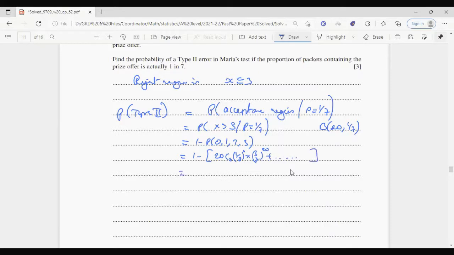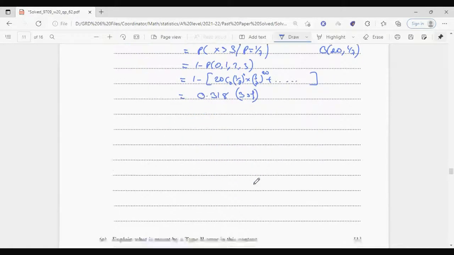That will give you an answer of 0.318 corrected to 3 SF. So that's the type 2 error.